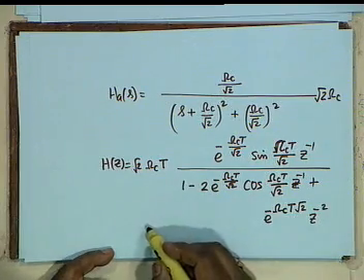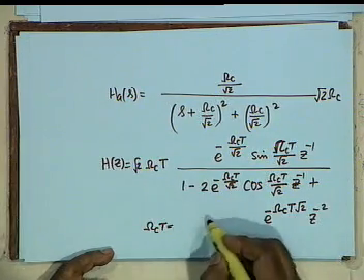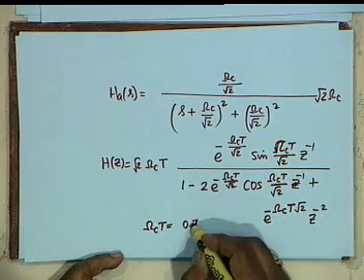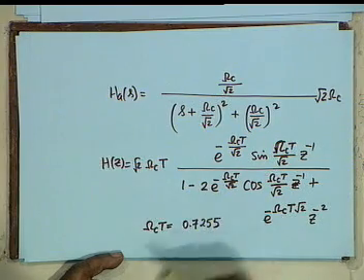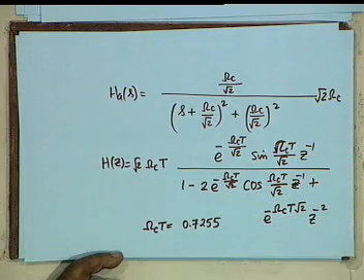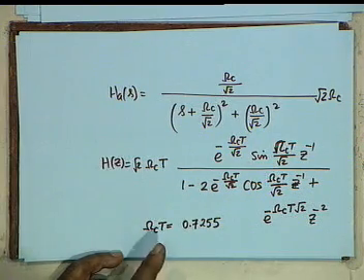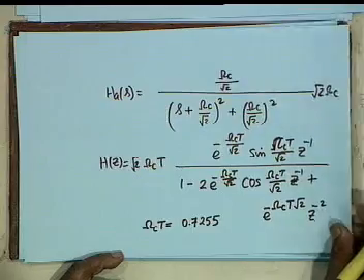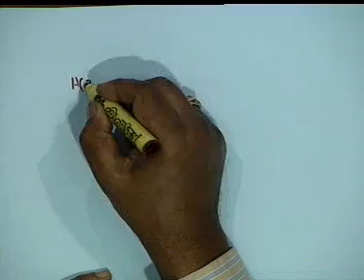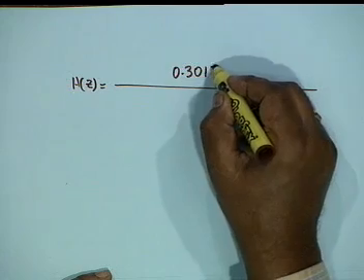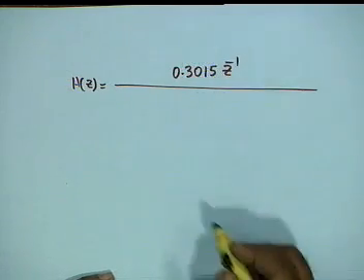Now you know what is omega c t. Omega c t we have found out as 0.7255. Okay, then you have to calculate omega c t by square root of 2, take the sines and cosines and put them on and do the number crunching. The final result is that h of z is equal to 0.3015 z inverse.